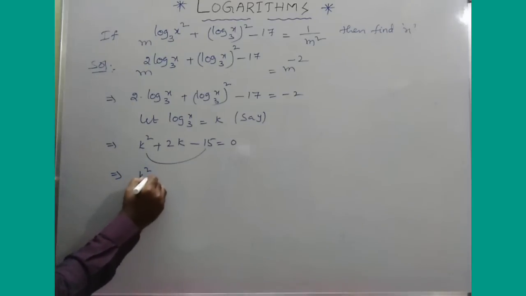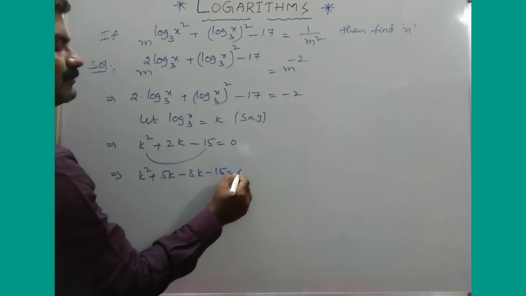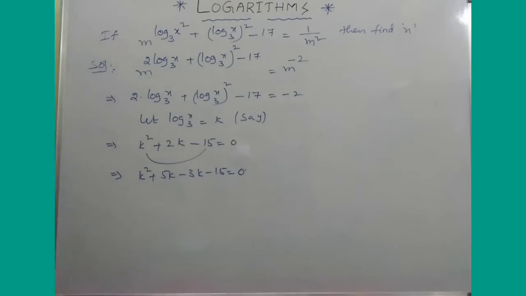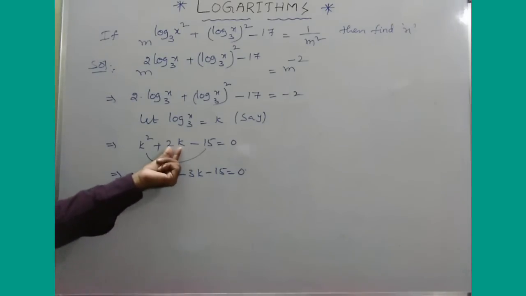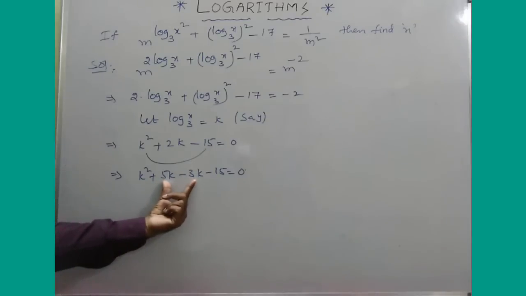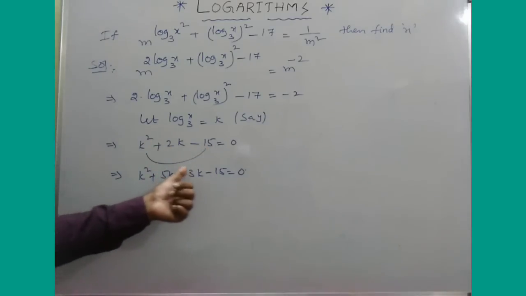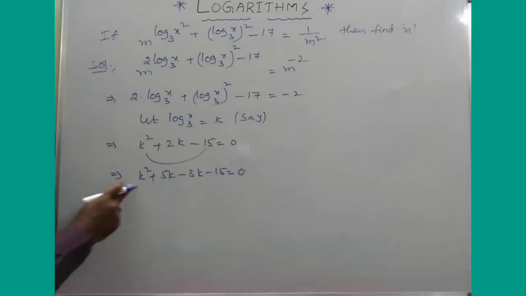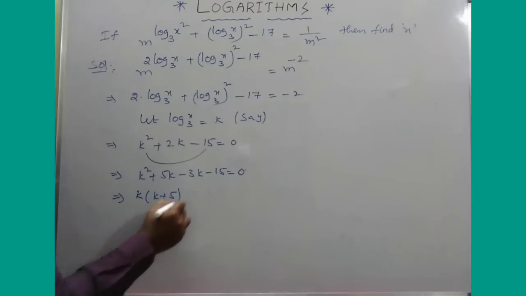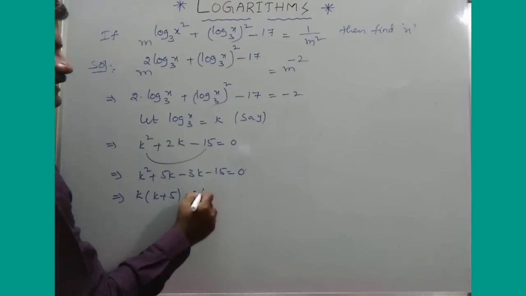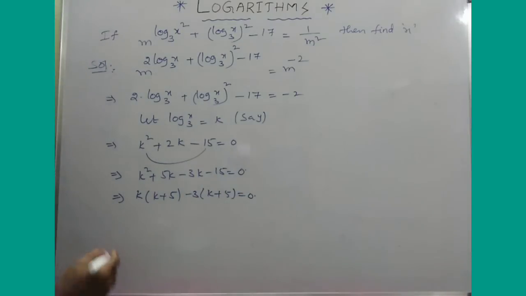So k square plus 5k minus 3k minus 15 is equal to 0. On adding 5k minus 3k we get plus 2k, and on multiplication 5 into minus 3 is minus 15 into k square. From the first two, k is common, then k plus 5, and here if you take minus 3 common, k plus 5, which is equal to 0.